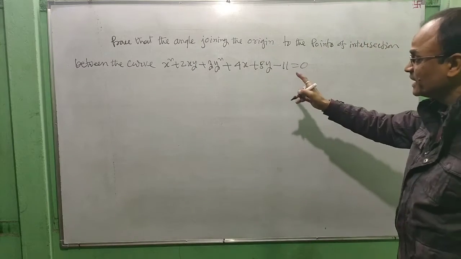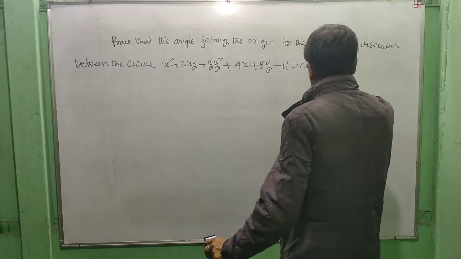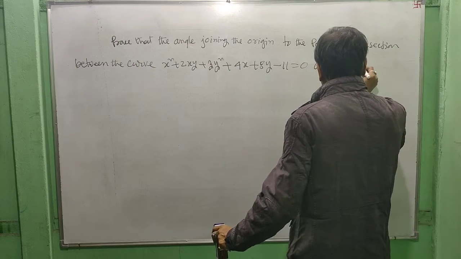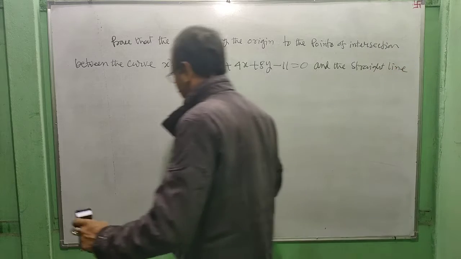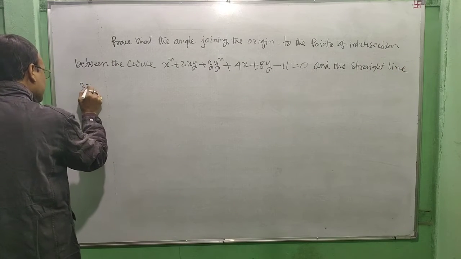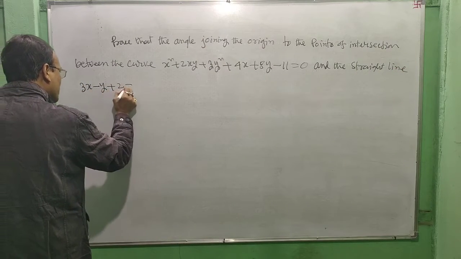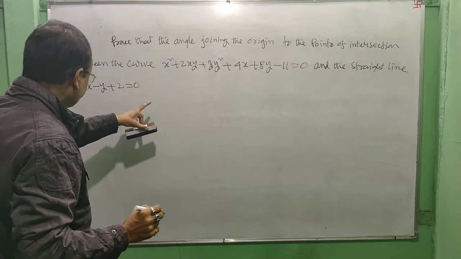Suppose the curve is this, between the curve this and the straight line, thrice x minus y plus 2 equal to 0. This is a straight line.